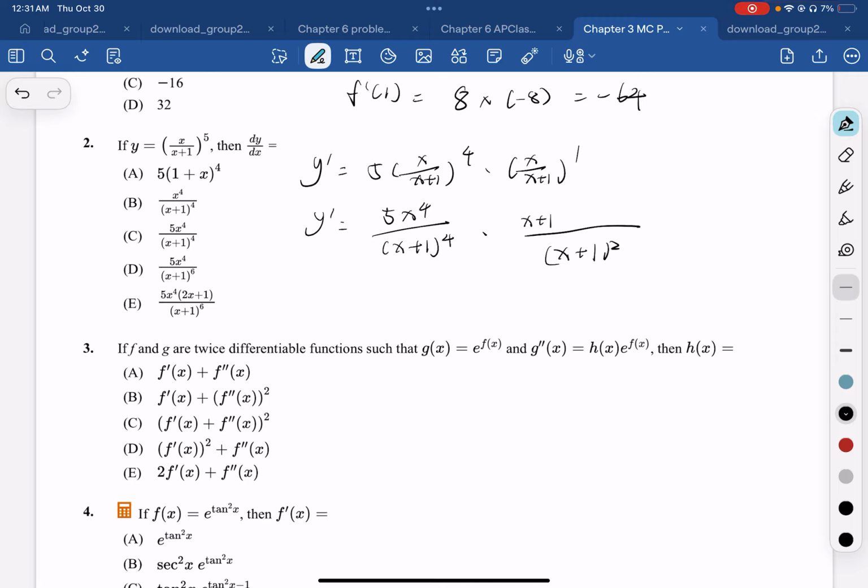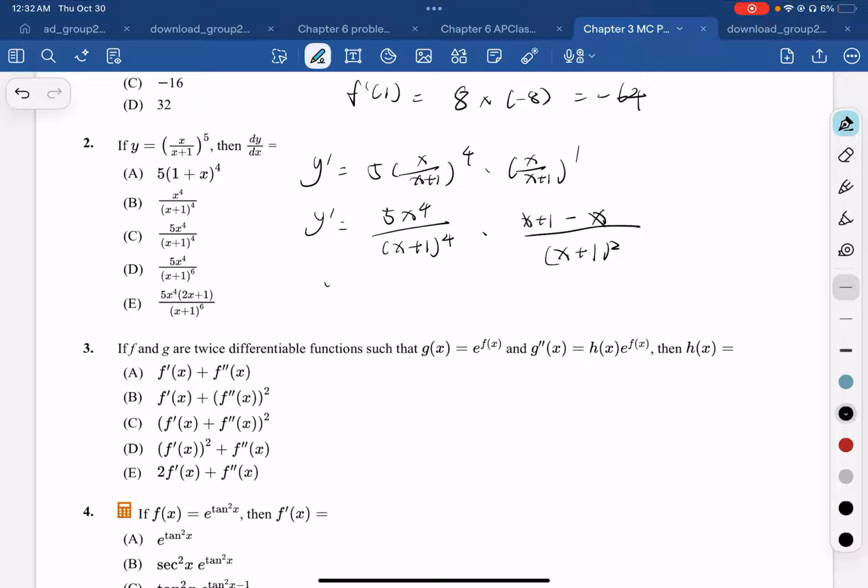x plus 1 times derivative of x, which is 1, and minus derivative of x plus 1 times x. The derivative of x plus 1 is 1, so 1 times x is x. And we cancel out each other.